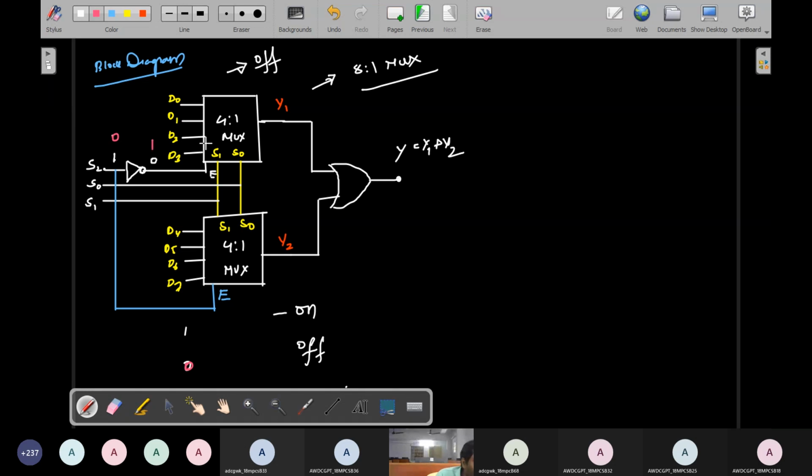Now this multiplexer is in on state. Using this situation, you can operate these two inputs. These two outputs are selecting any one of the inputs by using this concept. So this is the operation. Now I will draw the truth table of this diagram. See, truth table.